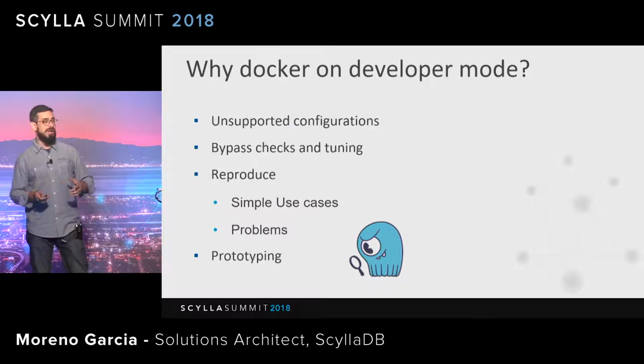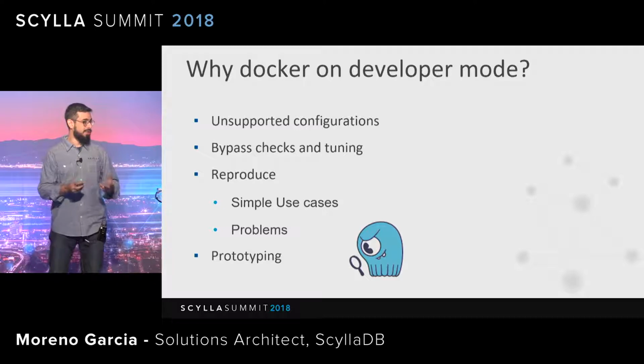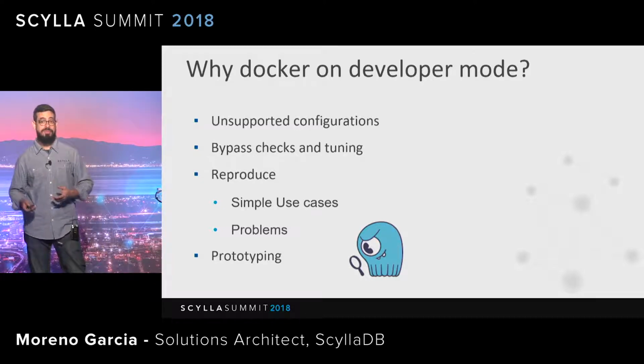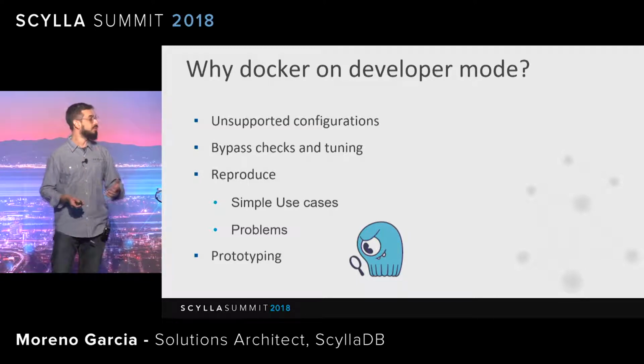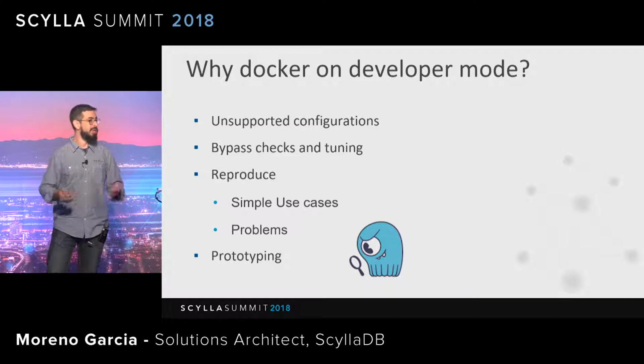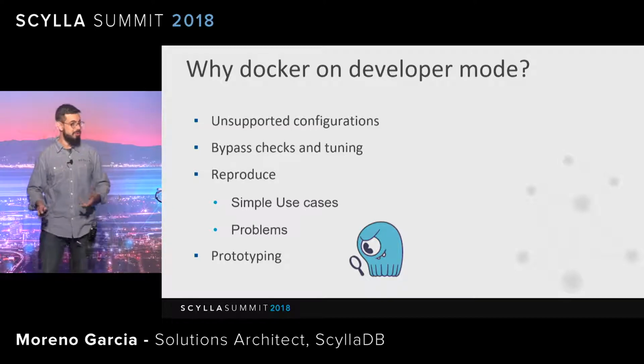And sometimes if you don't have the correct proportion of resources, or you don't have enough resources, Scylla is not going to start. But developer mode relaxes all these checks and verifications so that you can run Scylla nevertheless, independently of having all the proper resources.